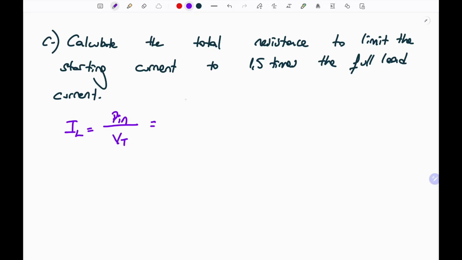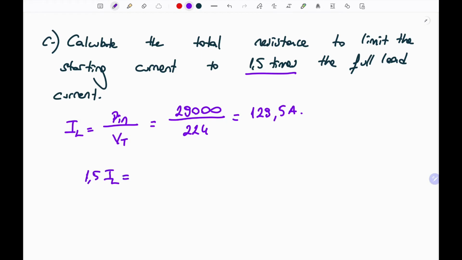As we calculated, input power is 29,000 and the terminal voltage is 224. So from here, it can be calculated as 129.5 amperes, but we need to use 1.5 times higher value. So 1.5 IL will be 194 ampere.